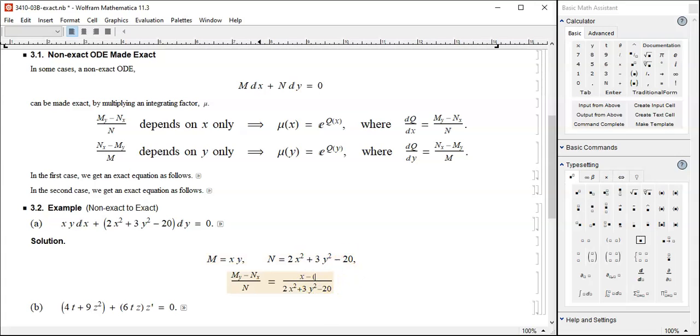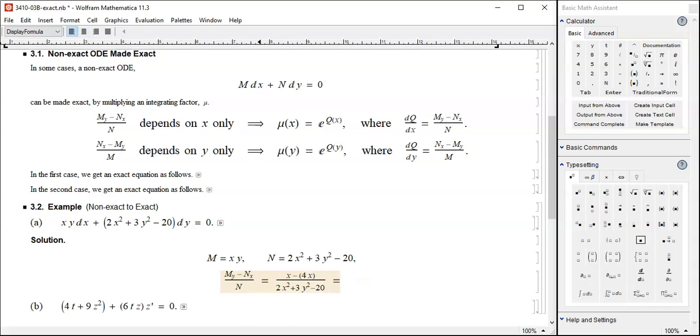So what do you get? 4x, and then all these are gone. So what do we have? We have negative 3x over, oh wow, the denominator is really complicated, so this is certainly not working out. Okay, this didn't work out.